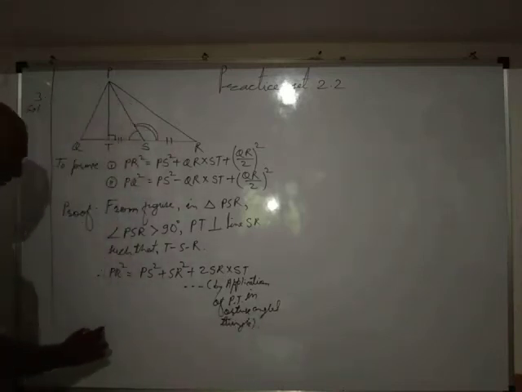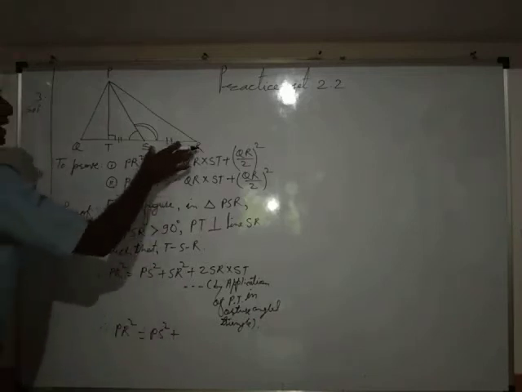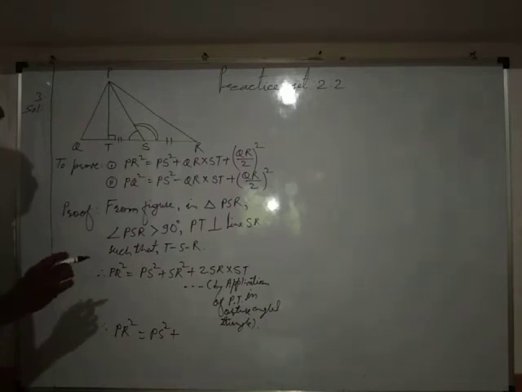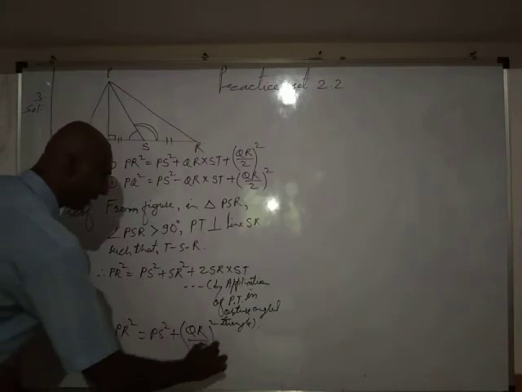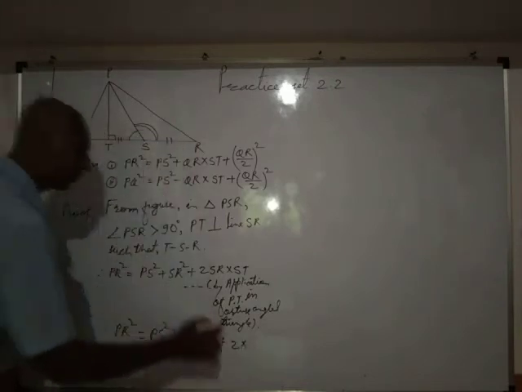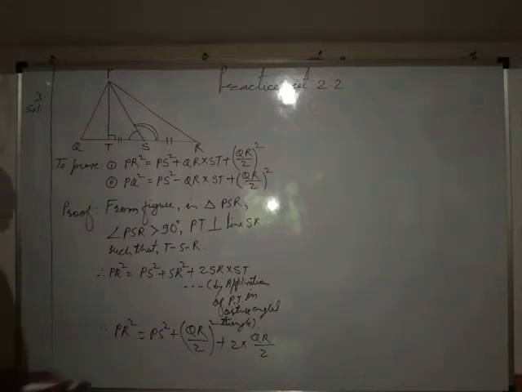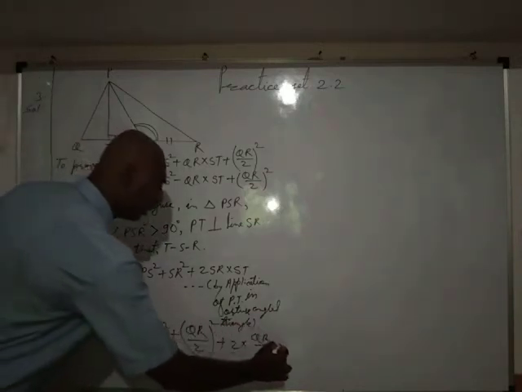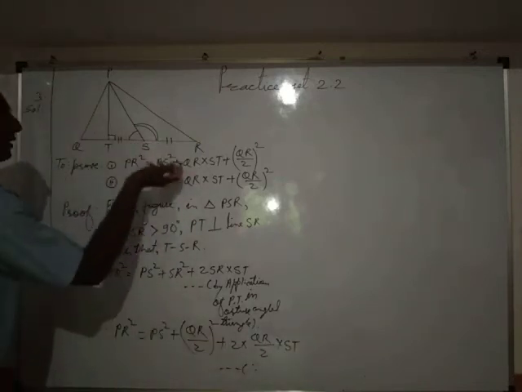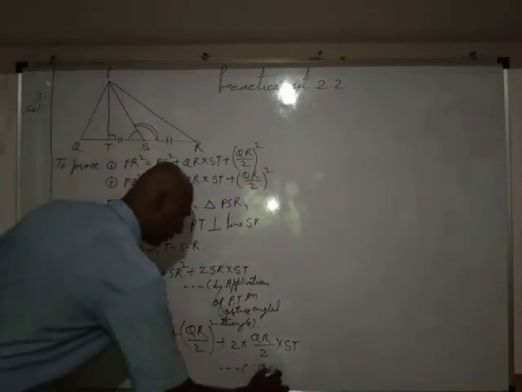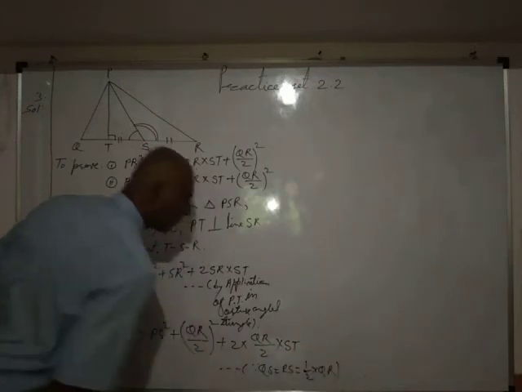And therefore PR square equals PS square plus SR square, SR is half of QR or QR upon 2, we can write (QR upon 2) its square, plus 2 into SR is half of QR means QR upon 2, into ST, since QS equals RS equals half of QR.